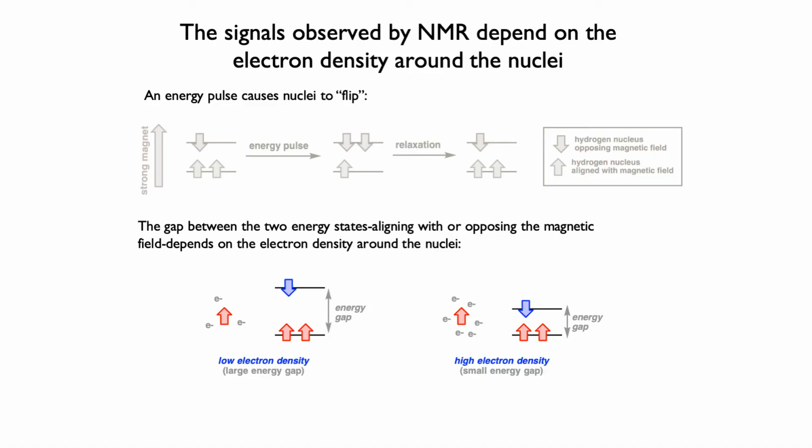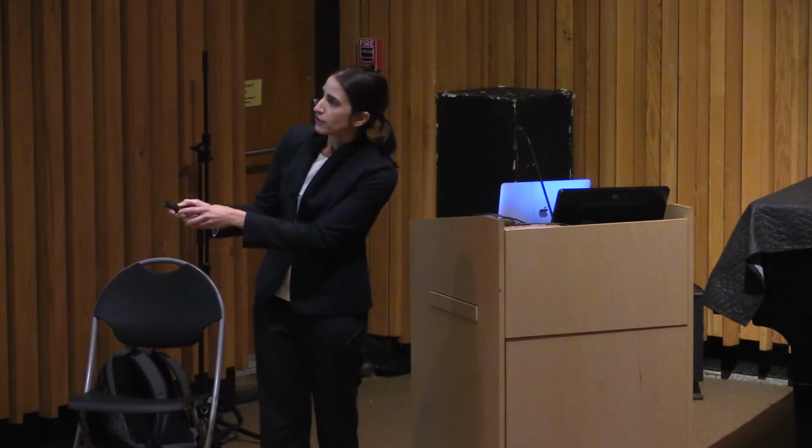How unfavorable it is to be opposing the magnetic field, or in other words, the energy difference between a nucleus aligning with and opposing the magnetic field, depends on how much electron density is around a particular nucleus. Just to show it schematically, if we have our little nucleus, and I've shown it here with only a few electrons around it, shown as E minus, there's a pretty large energy gap between those two states, aligning with and opposing the magnetic field.